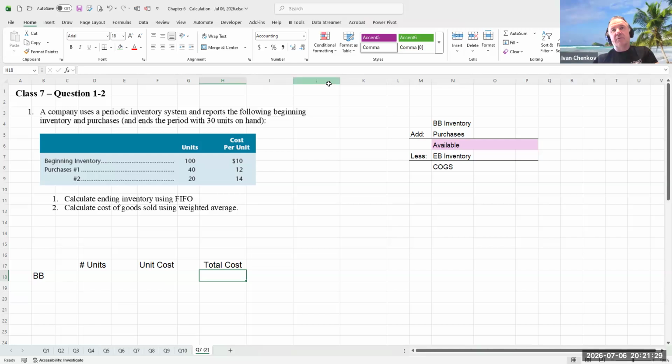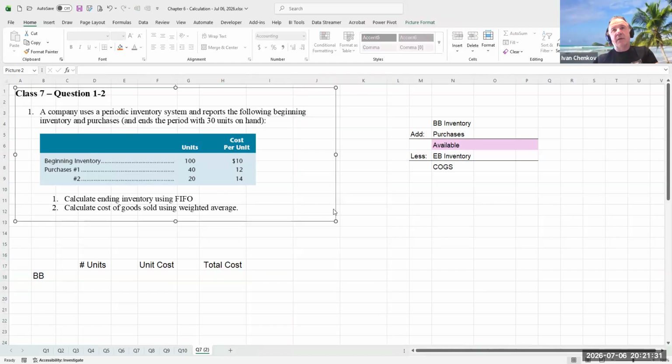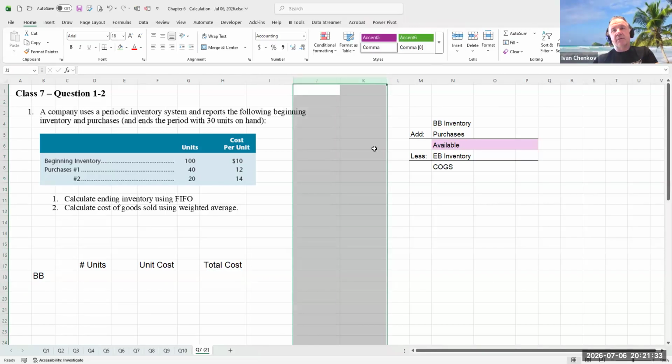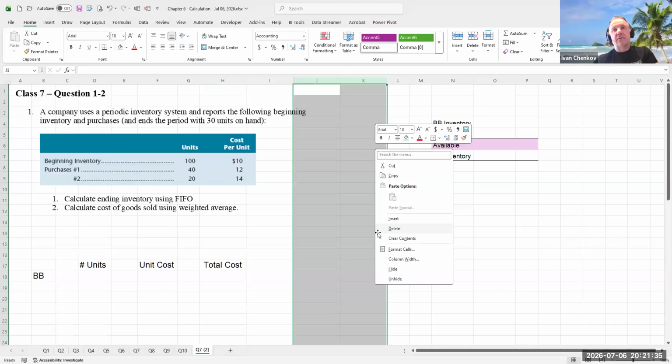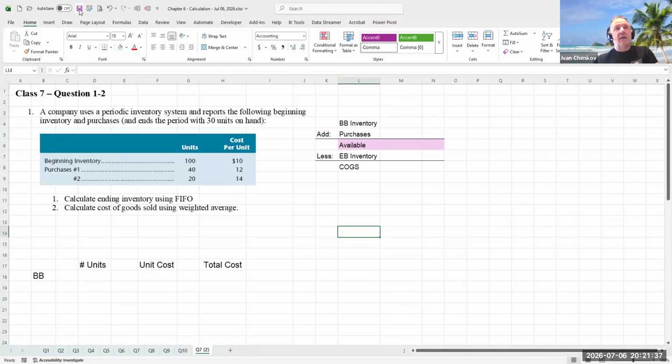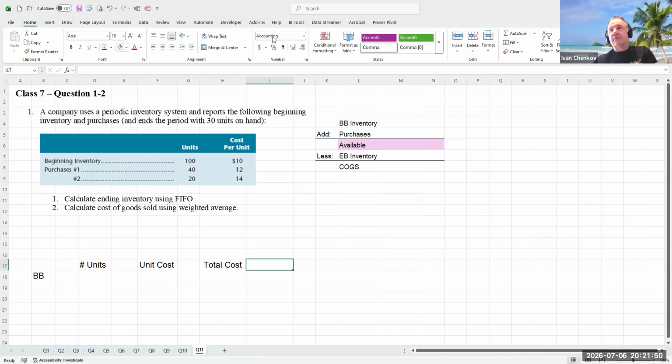So at this point, you can probably guess what I'm going to do. I'm going to save this one and post it to you. That's question 11. I'm going to save it, close it, and share it with you, so you can start working with me.